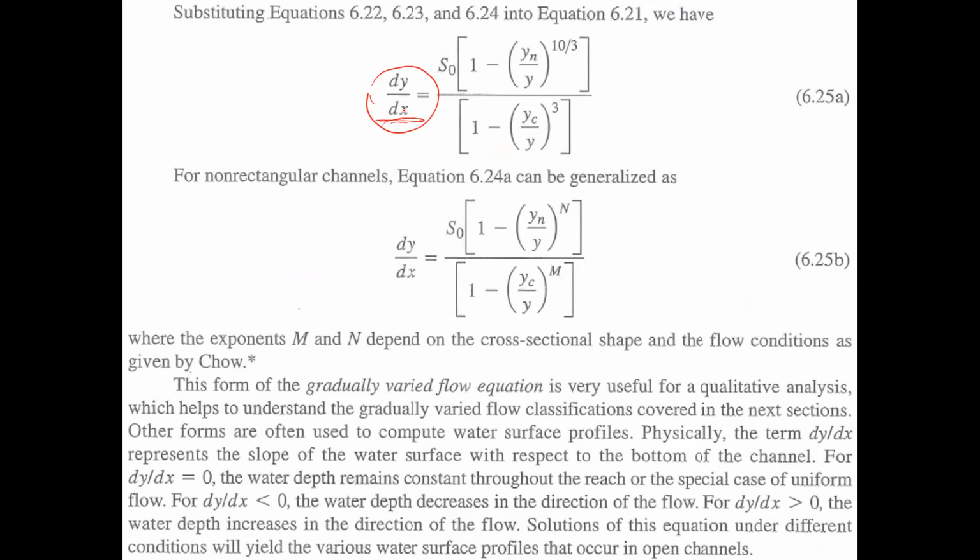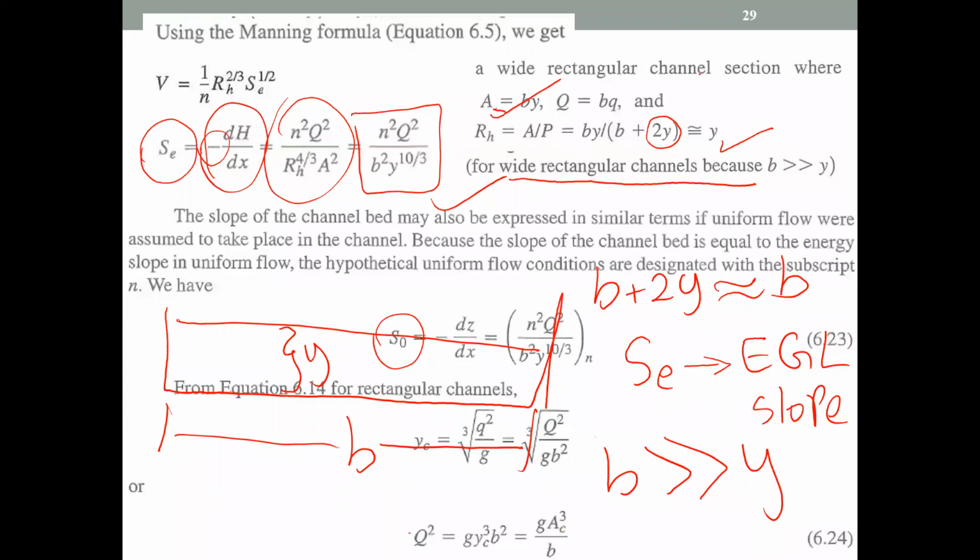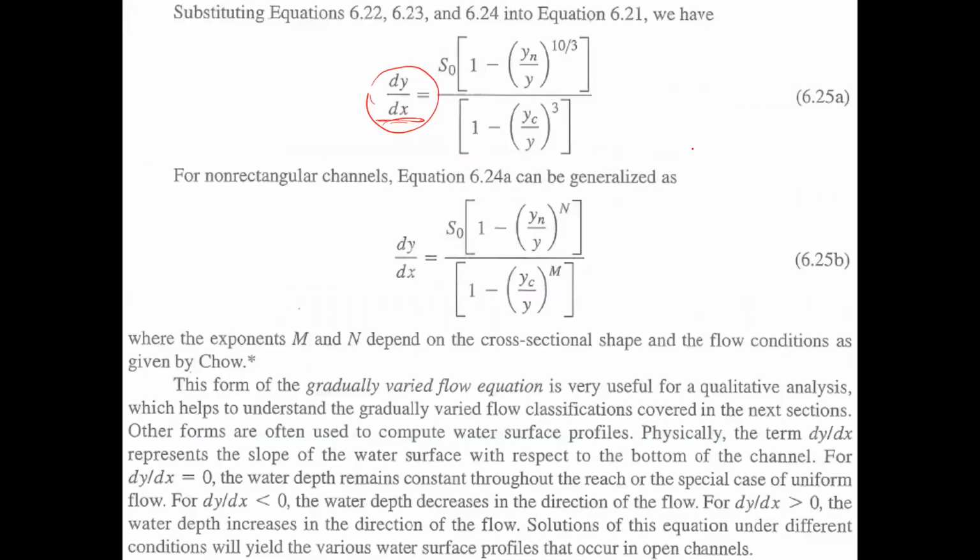Now, what we derived here is for a rectangular channel. But for any other non-rectangular channels, it comes with two parameters, n and m, right? So these n and m must be defined for the non-rectangular channels.